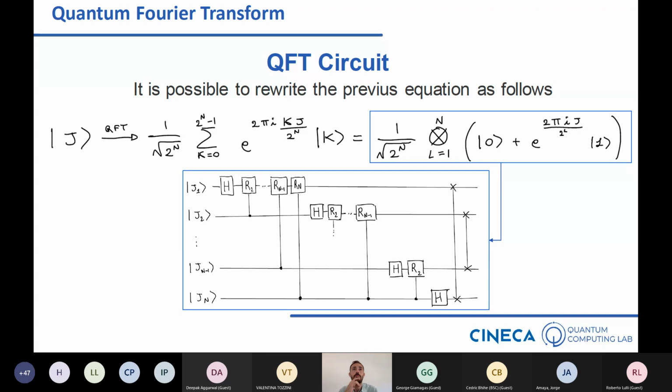What is the purpose? In some sense, yes. I think there is no purpose in the QFT alone. Why do you need it? We will see later.